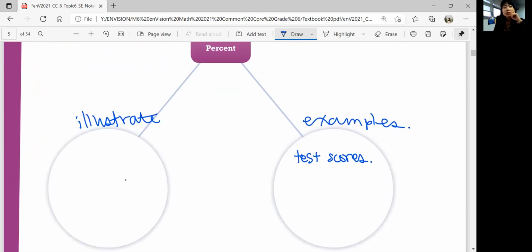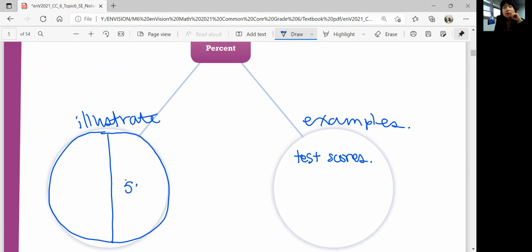Illustration, percentages. You can illustrate by using the circle, right? If this is 100%, half of it would be 50%. And then if you divide the other half by half again, you get 25%. And then you can divide this into half again, and you get 12.5%.